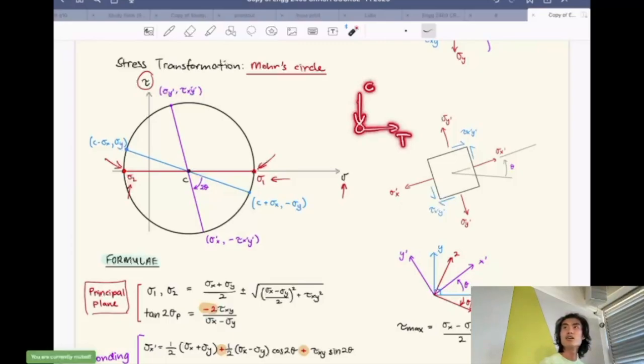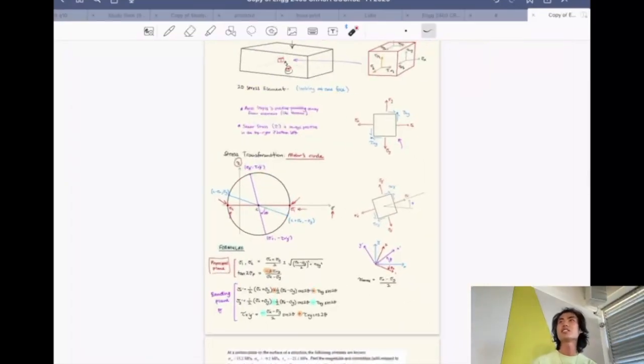This is negative because it's compressing the joint, and the tension is pulling it away. Yeah, in most of the courses, tension is positive.